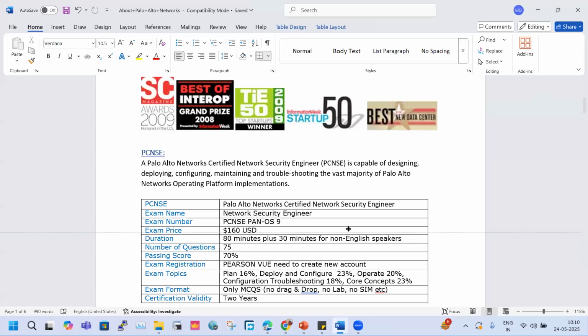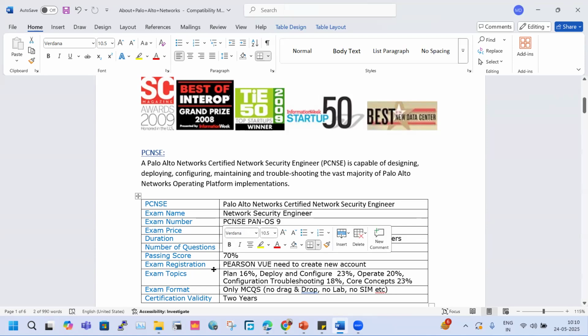All those candidates can appear for these exams, right? So what is the duration? You can see here 80 minutes, plus 30 minutes for non-English speakers. This is the exam cost, $160, which varies depending on the time. A non-English speaker gets an extra 30 minutes.